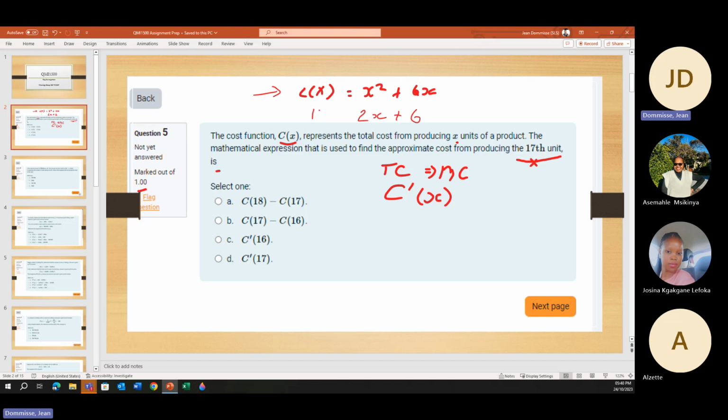If I said 17, it is 34 plus 6, but if I said 16, it was 32 plus 8, which is 58, or 16, 44, 17.